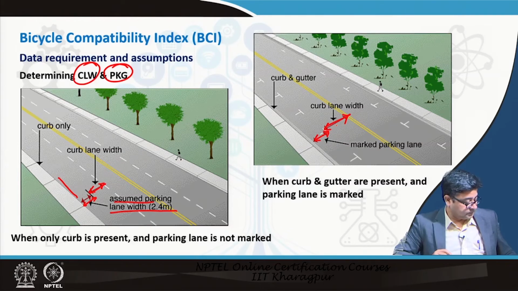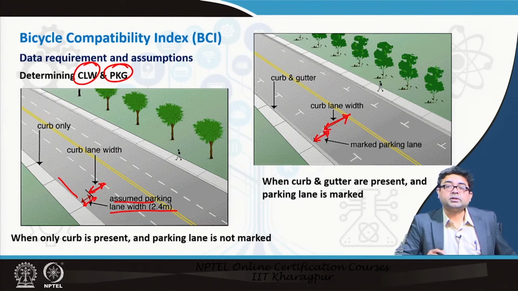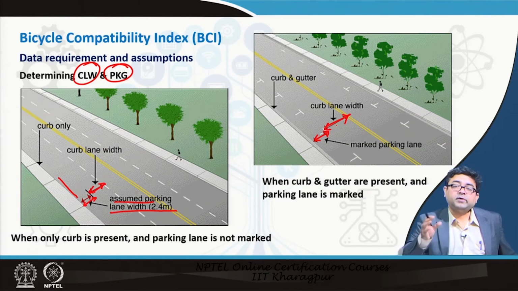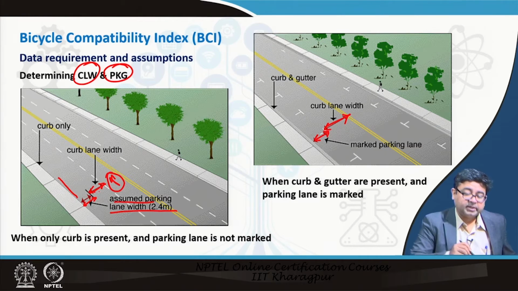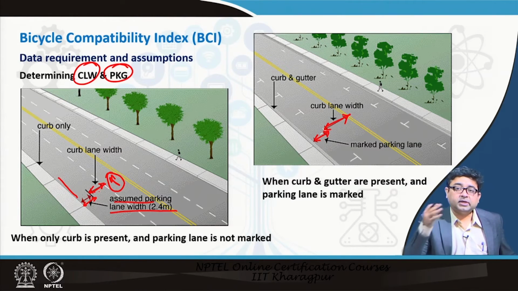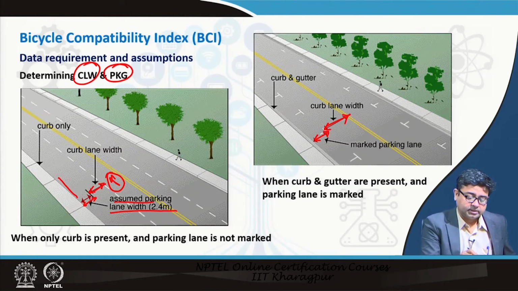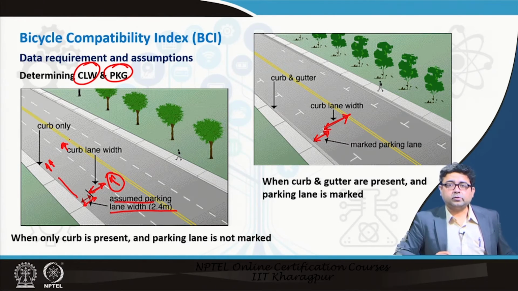Curb lane width is the most essential, because the width and the volume of vehicles on that curb lane impact the comfort levels of the bicyclist to a greater degree, as opposed to another lane in the same direction, where the volume of vehicles usually does not affect, because most bicyclists usually ride along the curb and not along the middle of the road or the outer vehicular lane.